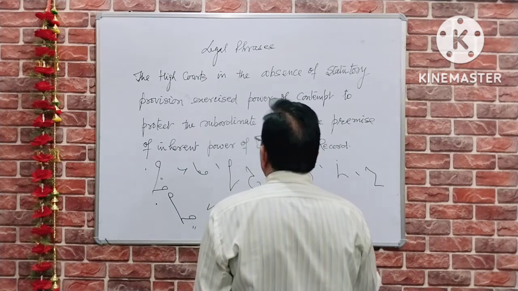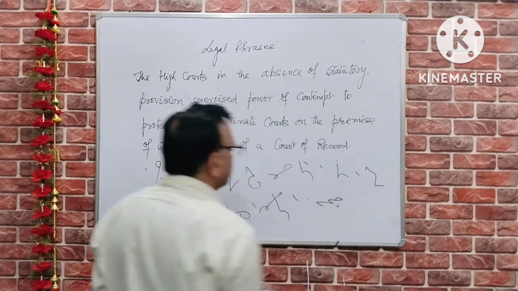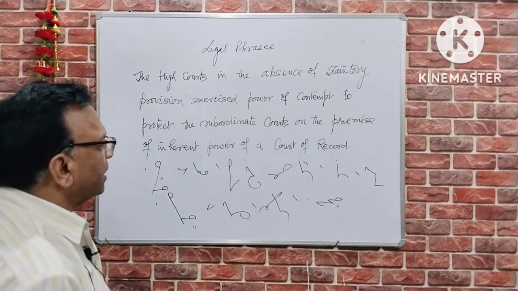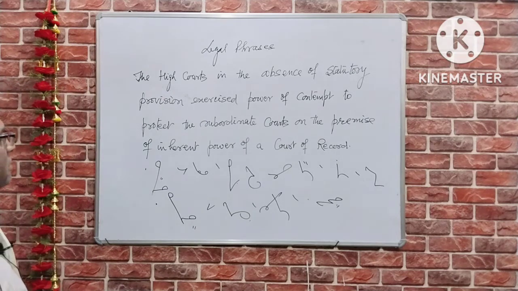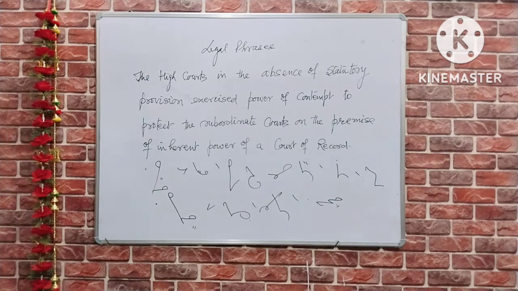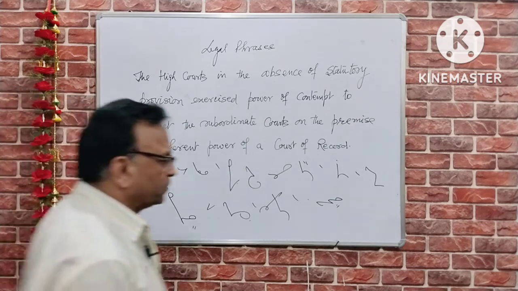You can write it this way, court of record. Then note down: the high courts in the absence of statutory provision exercised power of contempt to protect the subordinate courts on the premise of inherent power of a court of record. Then next.